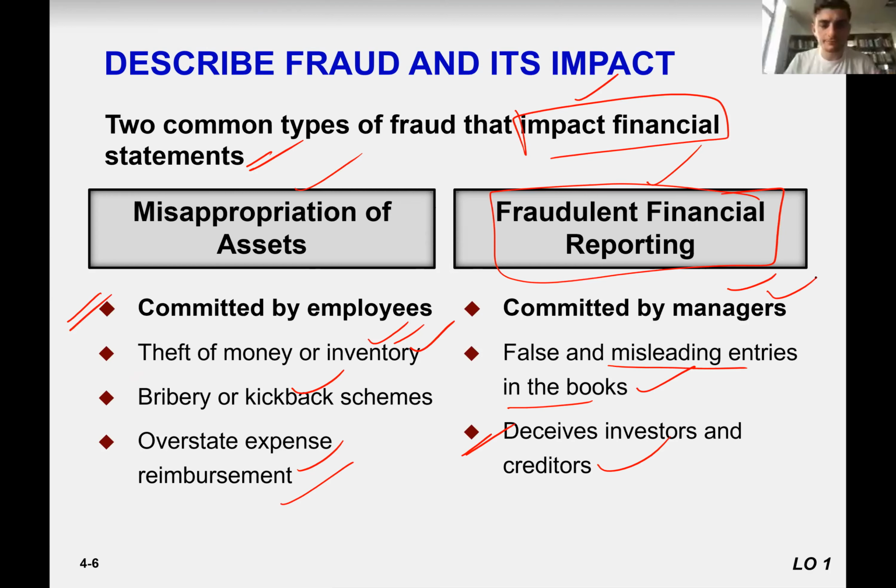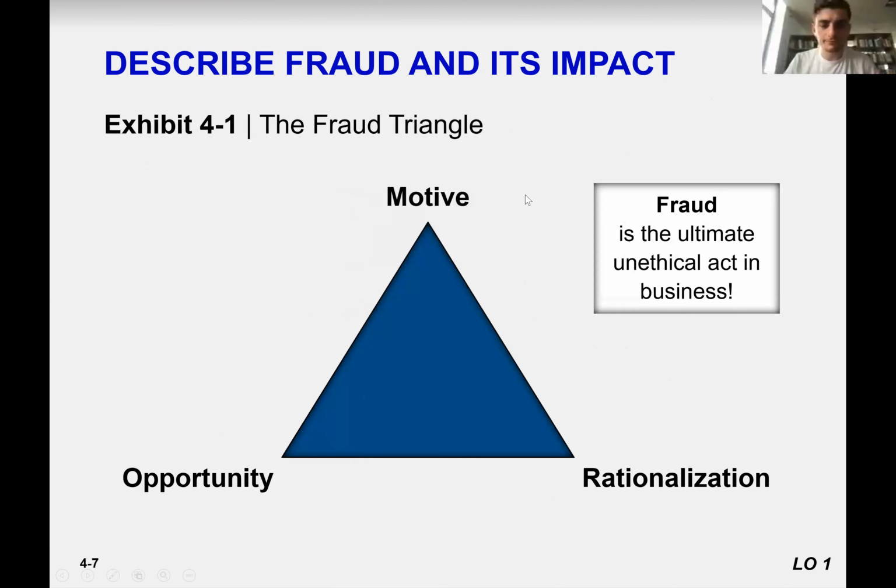So their basic focus is to deceive customers, or window dressing. These are 2 or 3 concepts that you will learn in auditing, but I'm just giving you a taste here. So where there is cash, there is a chance of fraud.